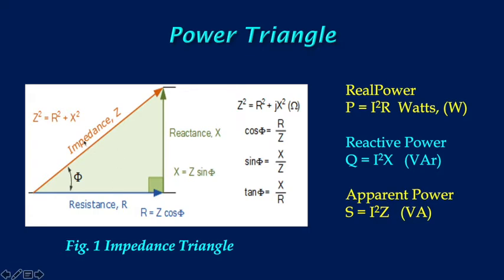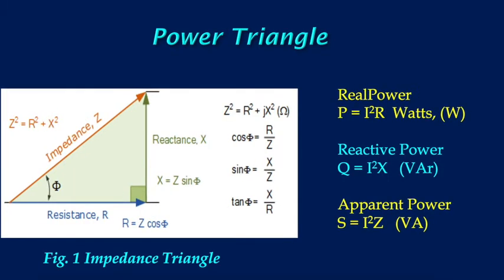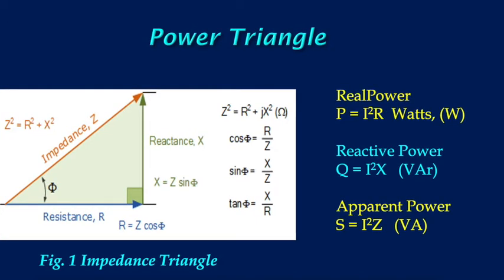Z square equal to R square plus X square. The angle is phi. So R equal to Z cos phi and X equal to Z sin phi. So cos phi equal to R by Z, sin phi equal to X by Z, tan phi equal to X by R. Now, impedance is the vector sum of the resistance and reactance.